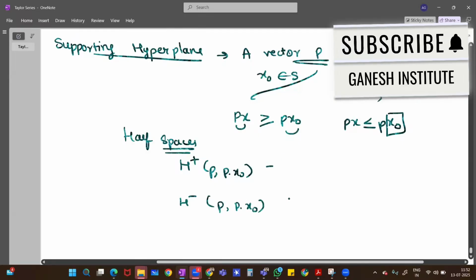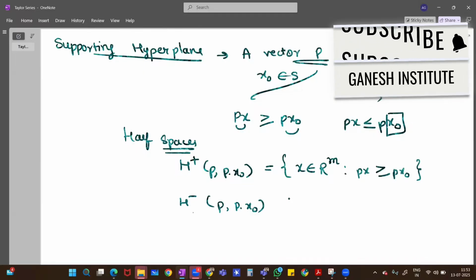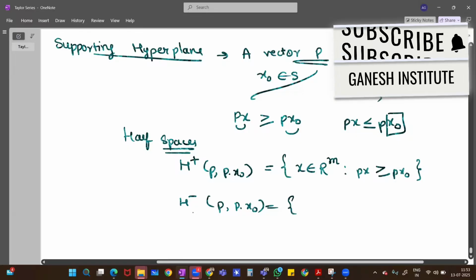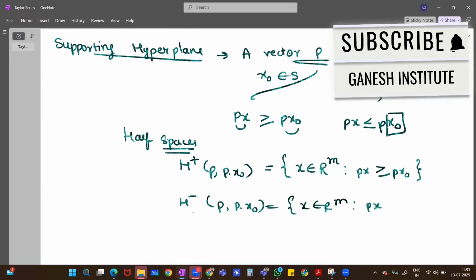So if it is positive, then you have all the values of x such that px is greater than px naught. And if it is negative, then you have all those values for which px is lesser than or equal to px naught.